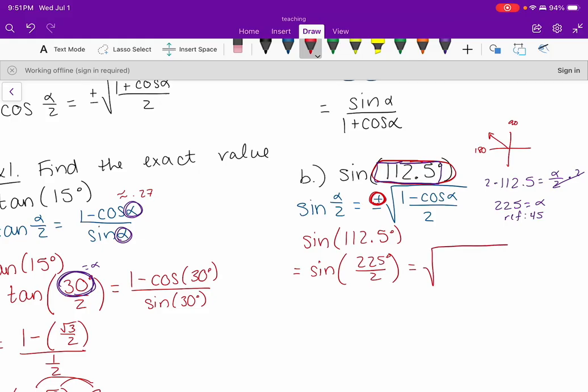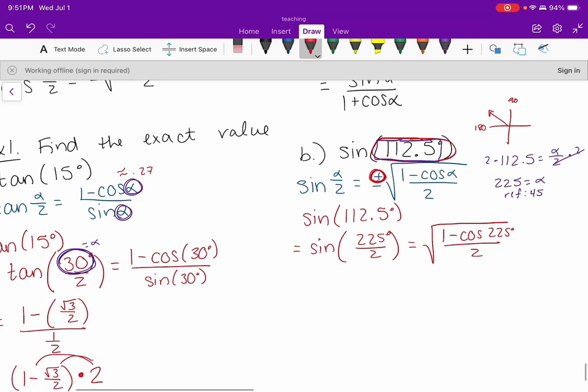I have square root 1 minus cosine 225 divided by 2. Cosine 225, we do have to be careful here. 225 is in quadrant 3. It has a reference of 45. Since it's in quadrant 3, cosine is going to have to be negative there. So this will be negative square root 2 over 2 divided by 2.